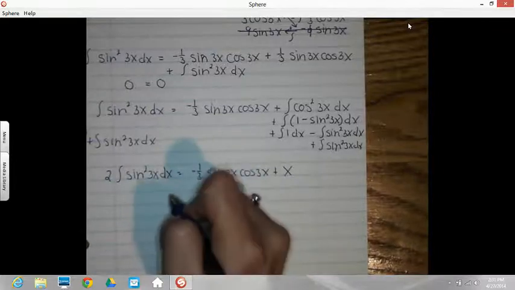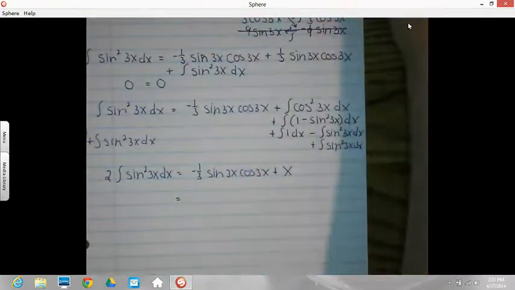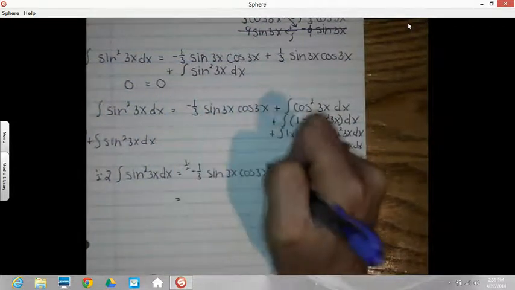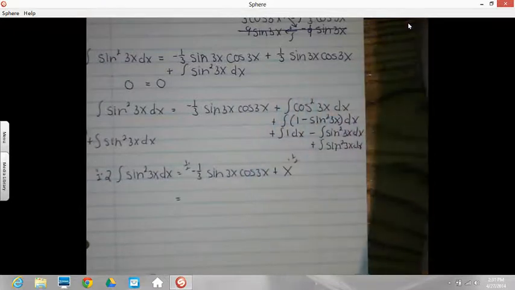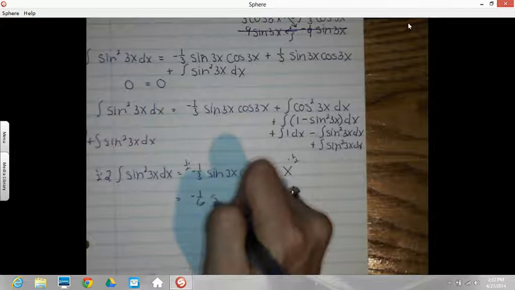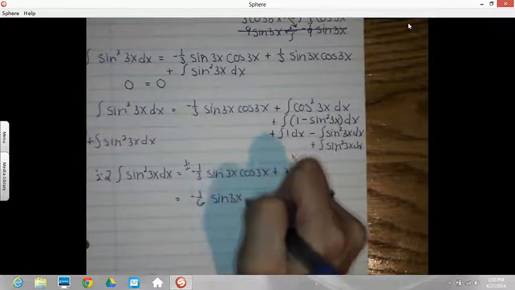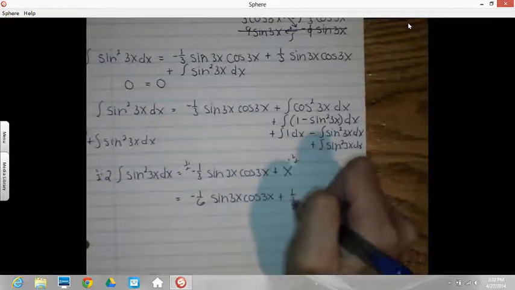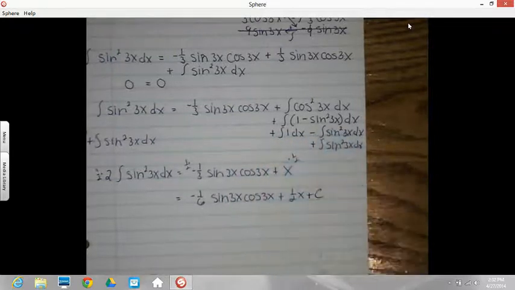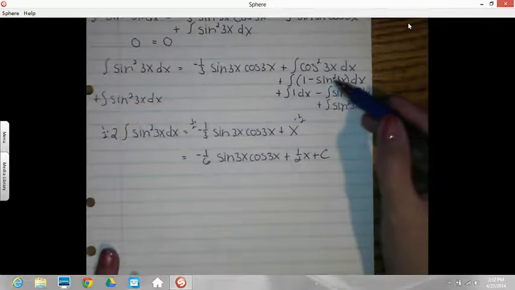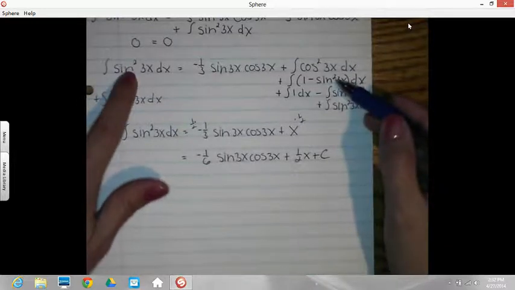So my final answer, if I multiply through by a half, I'll have a negative 1/6 sine 3x cosine 3x plus 1/2 x plus c. Okay, another trick is using trig identities to make the original function reappear. Okay, the next one.